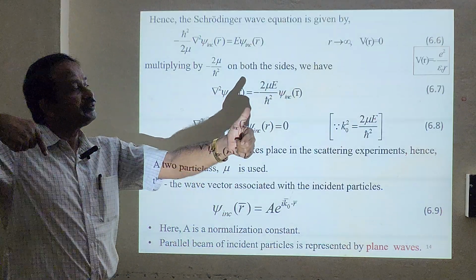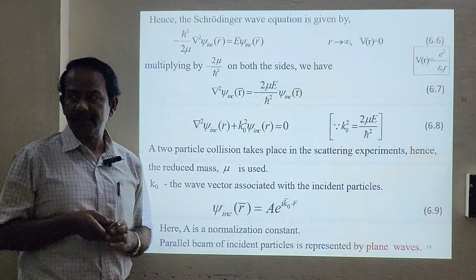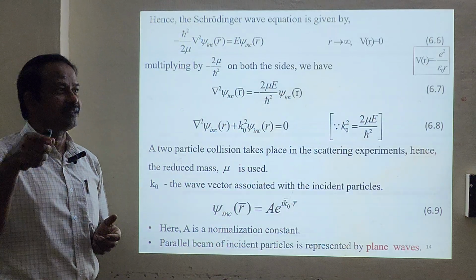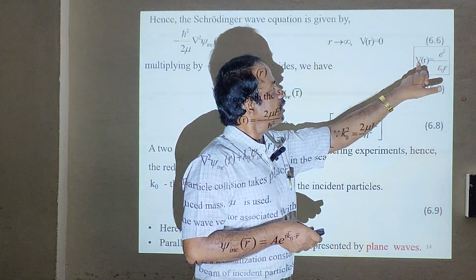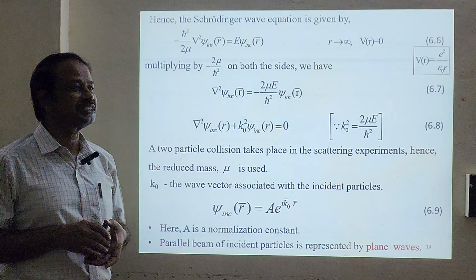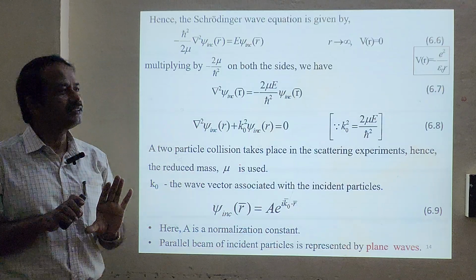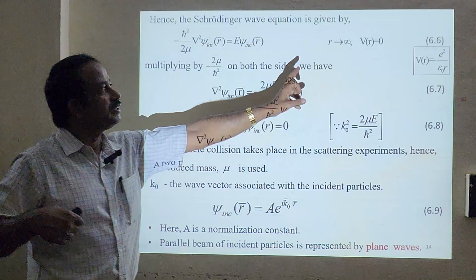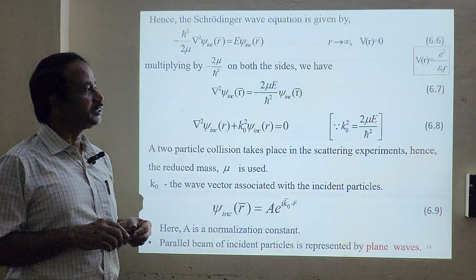The potential energy between these two will be V of r equal to minus e squared by 4 pi epsilon naught r. Correct? We have already studied that. And as r tends to infinity, V of r becomes 0. So we are going to neglect the potential energy term when r tends to infinity.